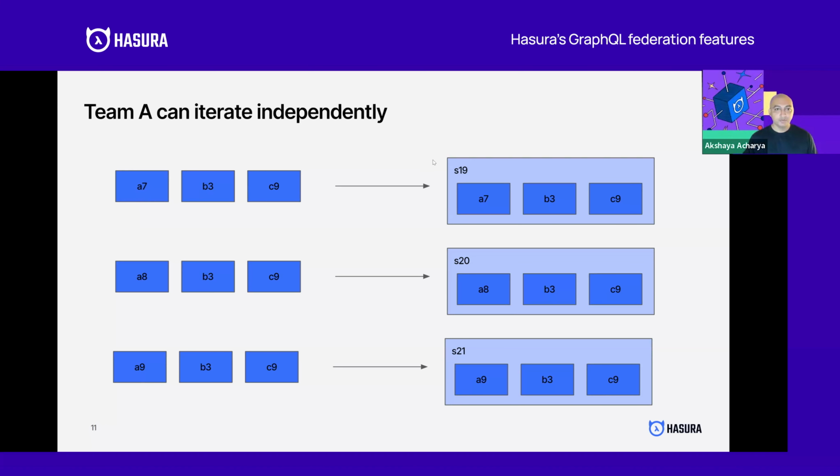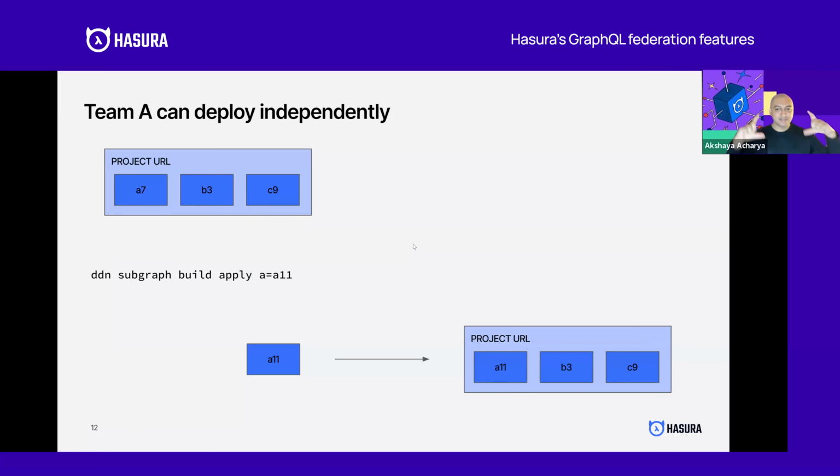And once they're done and say, this is the subgraph build that I want, they can take that same subgraph build and deploy it to the project URL, which is again just composed of different subgraph builds.